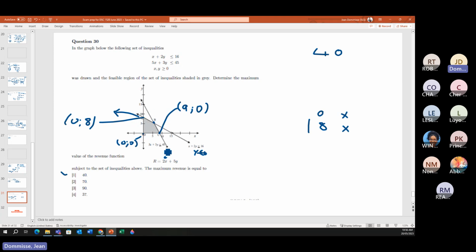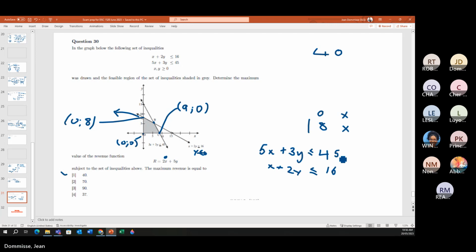That is the point of 5x plus 3y is smaller or equal to 45, and the other one was x plus 2y smaller or equal to 16. So I need to calculate that point B.